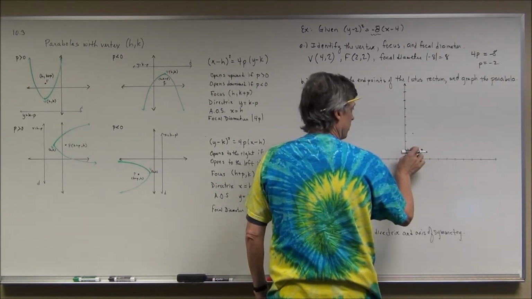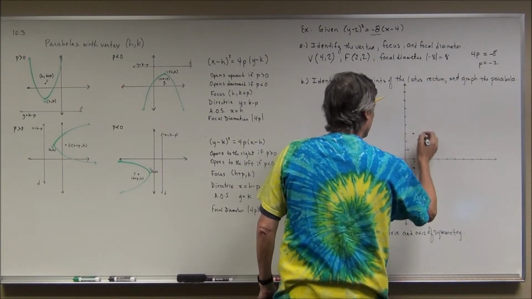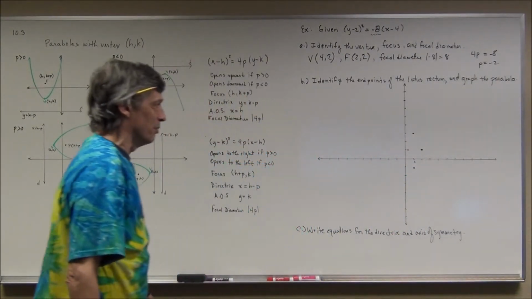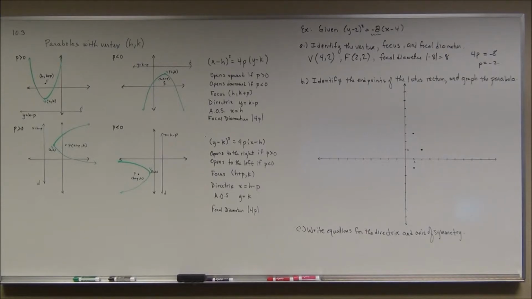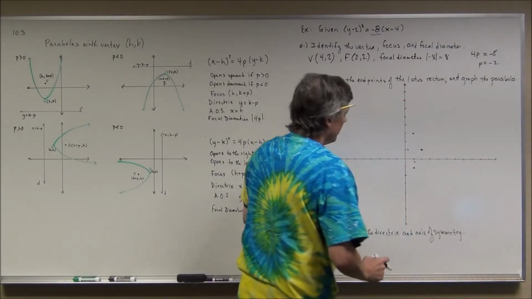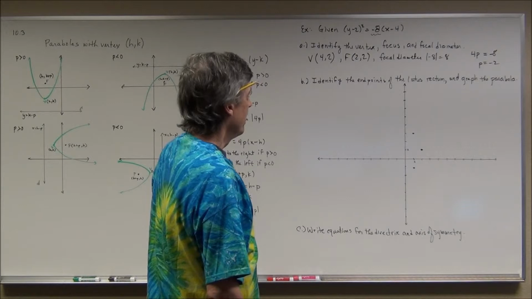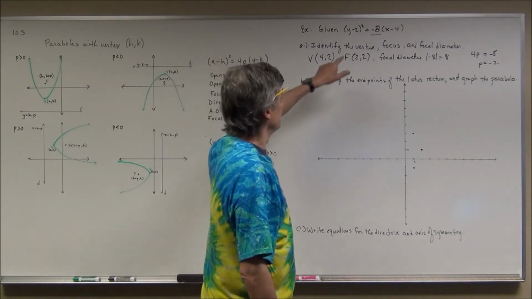So, you don't really need that now, but those 3 points should give you a reasonable sketch for your parabola. But as you can see here, this is going to open up pretty wide. You might want to go ahead and plug in a value of 0.